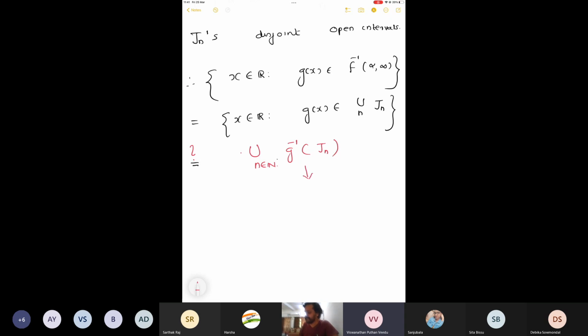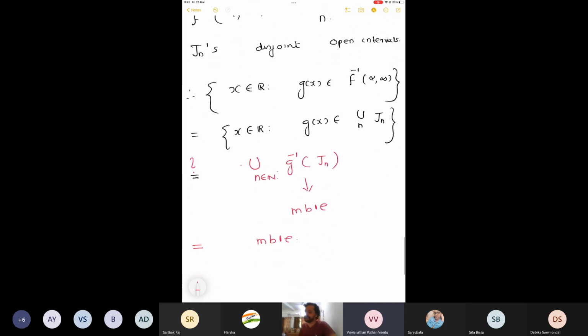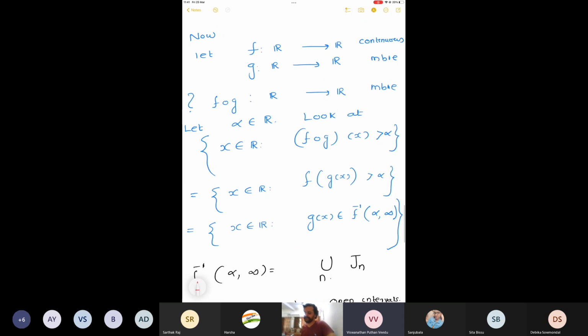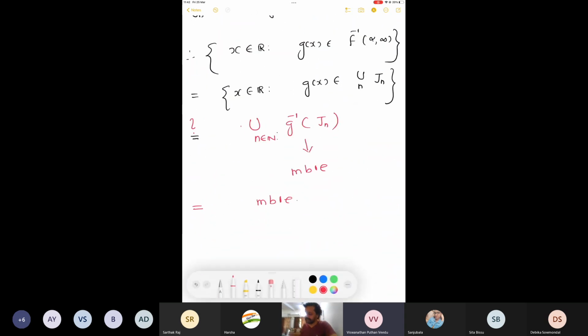And a countable union of measurable sets is measurable, and hence this is measurable. So at this place you should convince yourself. This is the hint for the third and fourth questions.